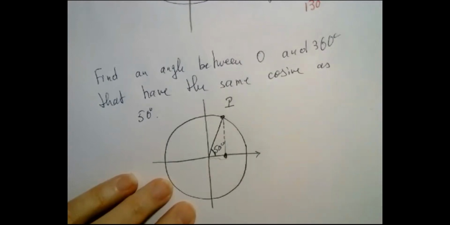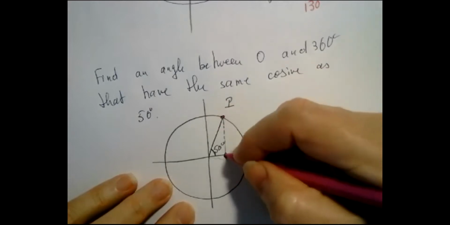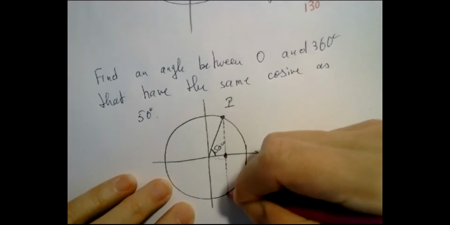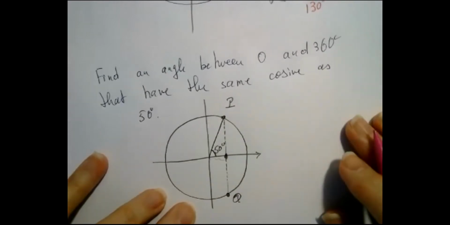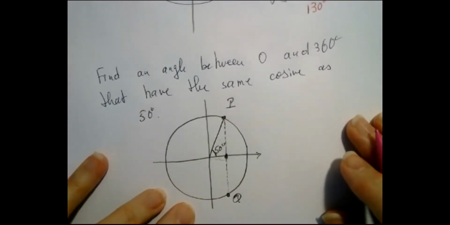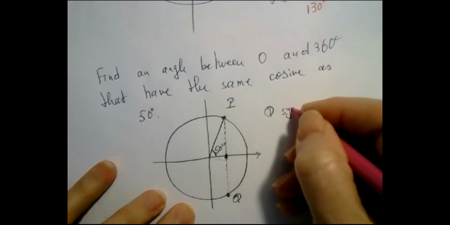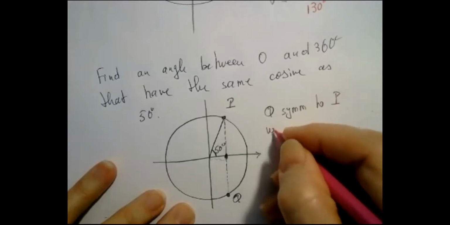You're right, but which point are you going to take here? That's the point that has the same x coordinate, right? Yes. Okay, so let Q be the point symmetric to P with respect to the x-axis.